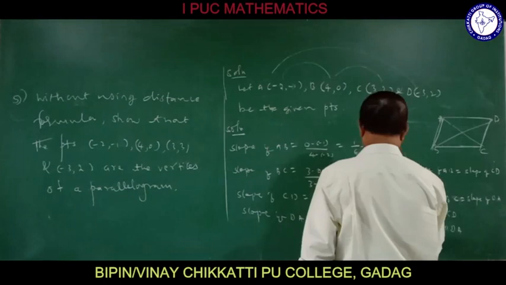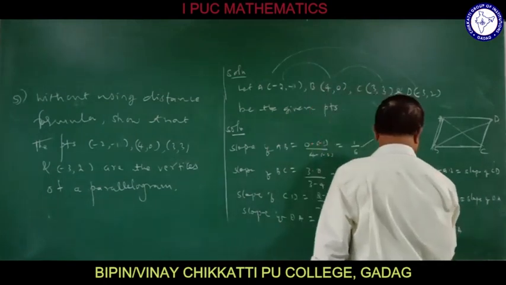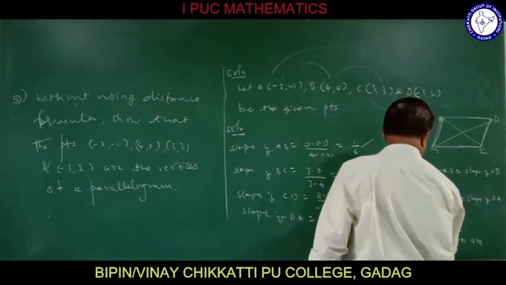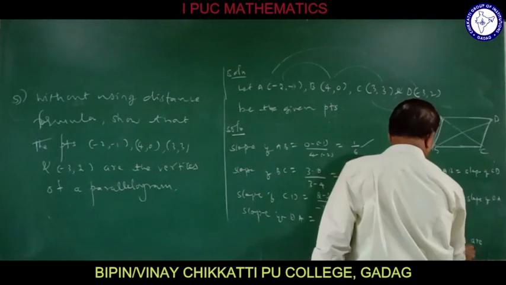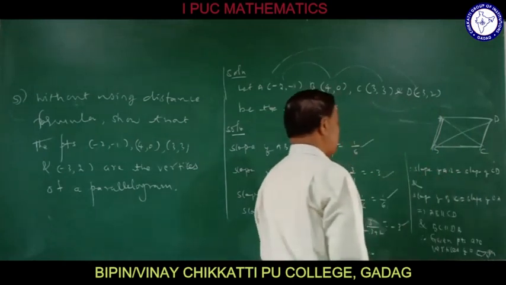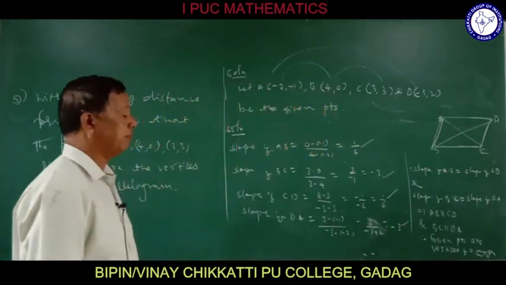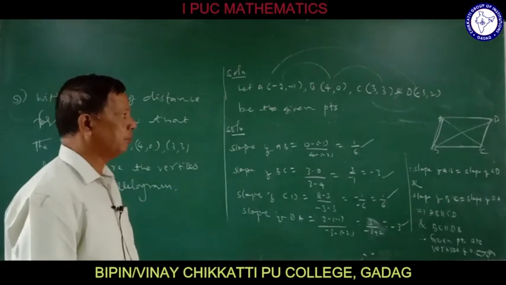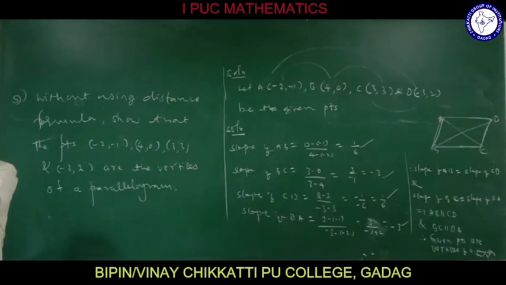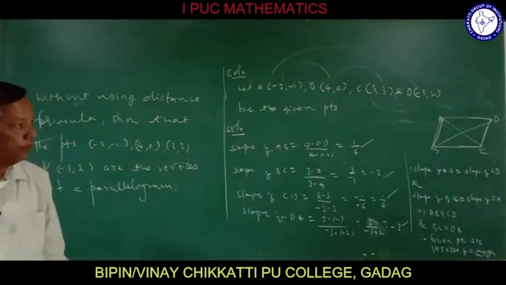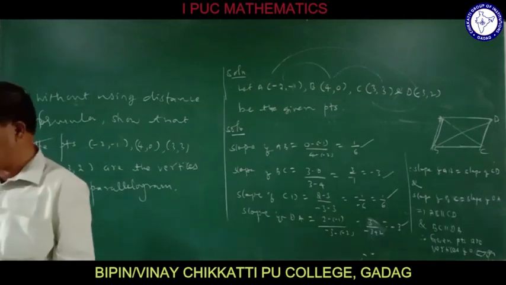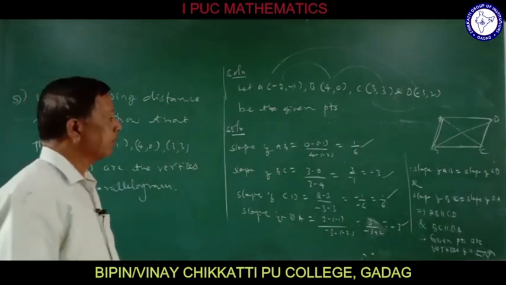Hence, the given points are vertices of a parallelogram. See, try to understand how we have proved that opposite sides are parallel and so they form a parallelogram.